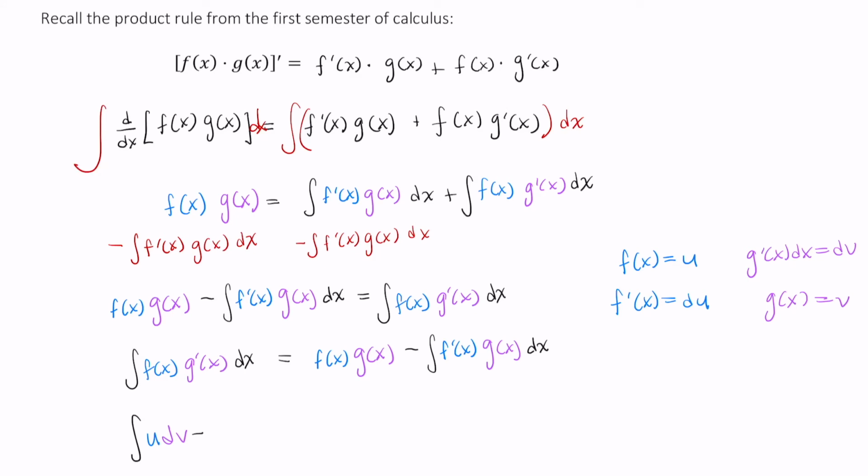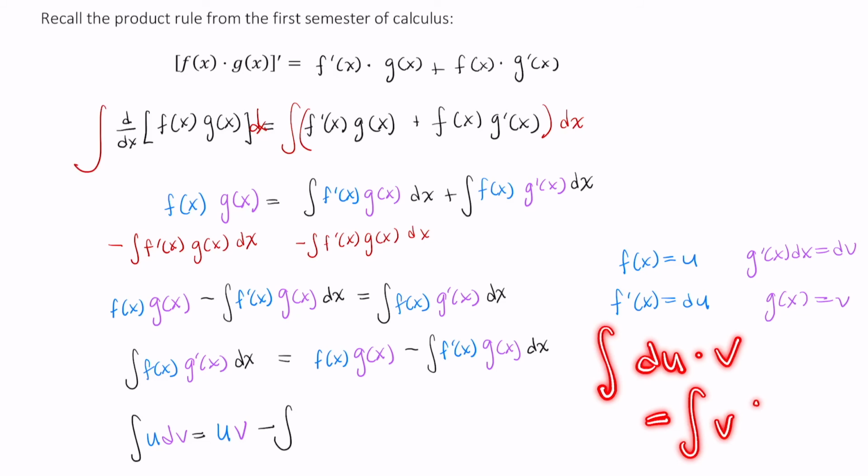Well, this whole thing is equal to, again, u times v here, minus the integral. And I have an f prime here, which is equal to du. And then g of x is equal to v. So if I have du in an integral times v, I can write this as the integral of v du. And I'm going to do that right here.